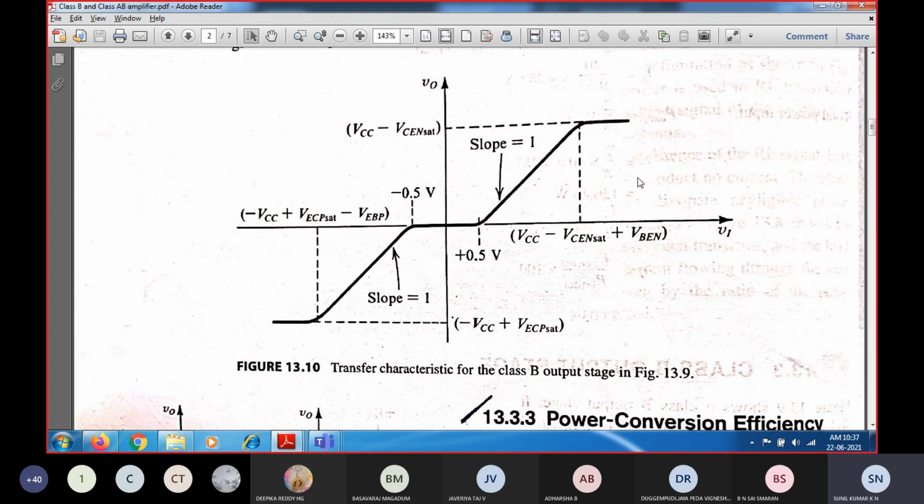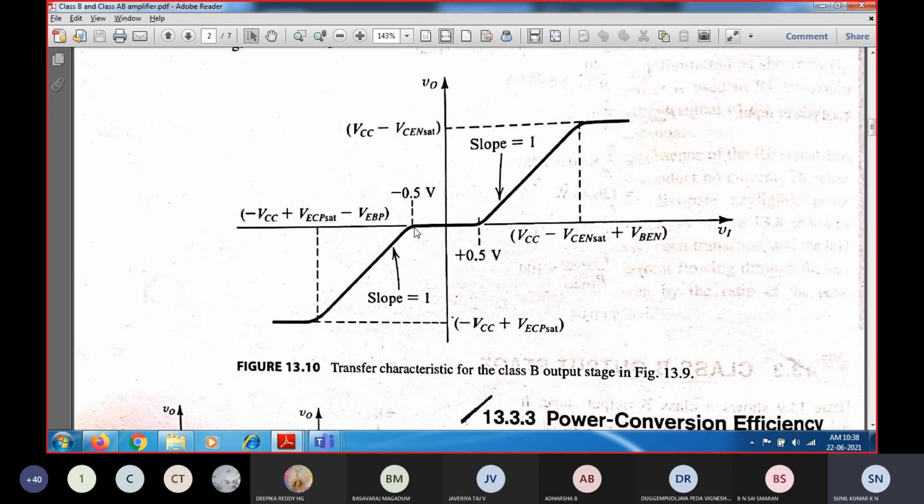Now we can look at the negative side. When the input voltage starts reducing before entering the negative half cycle, it comes below 0.5, 0.4, 0.3, 0.2, 0.1, 0, minus 0.1, minus 0.2, minus 0.3, minus 0.4, minus 0.5.